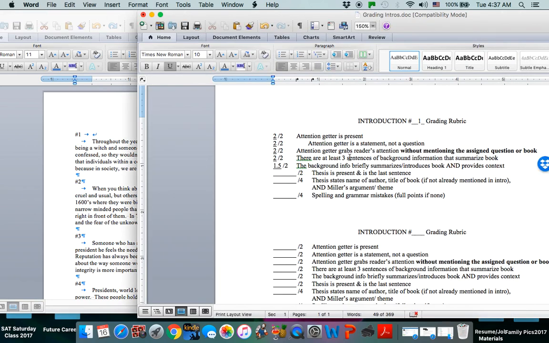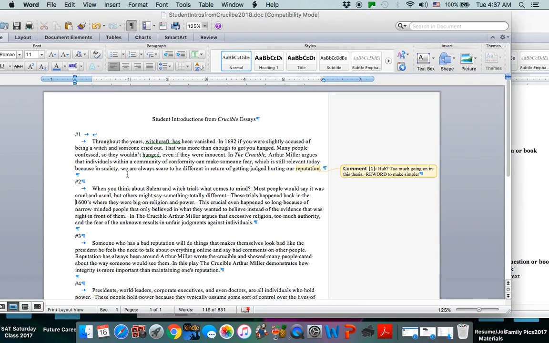Let's go back to our grading. Is the thesis present and is it the last sentence? Yes, absolutely. The thesis states the name of the author, title of book, if not already mentioned. Sure does. And Miller's argument. And then spelling and grammar, I go with the 2 on this one, because there were some issues in the last sentence. All right, so what's our score here?